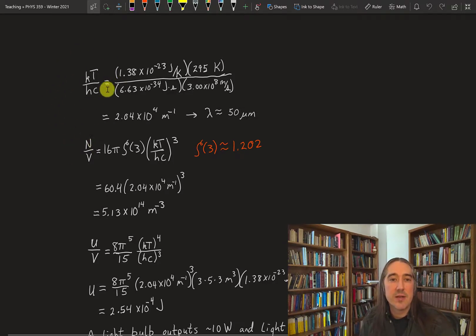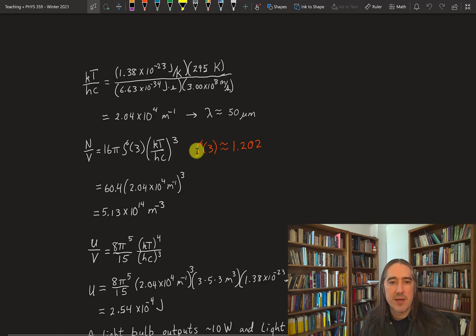Okay, so now that we've got kT over hc, we can run through the calculation. The number density, right? We have a formula for number up above, just bring the V over. 16 pi zeta of 3 times this stuff cubed. I hinted at it before, I give it to you with a few extra digits. Zeta of 3 is 1.202.